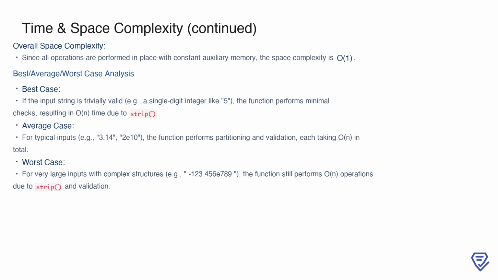Finally, in the worst case, for large and complex inputs like -123.456 times 10 to the power of 789, the function still performs O(n) operations due to the strip and validation steps. Importantly, space usage remains constant across all cases, as no additional memory is allocated beyond the fixed size variables.